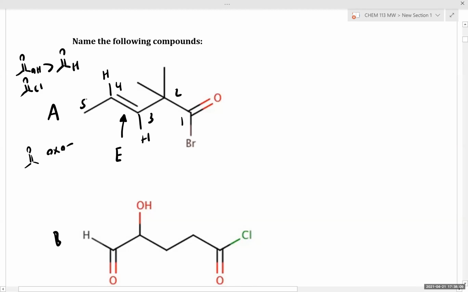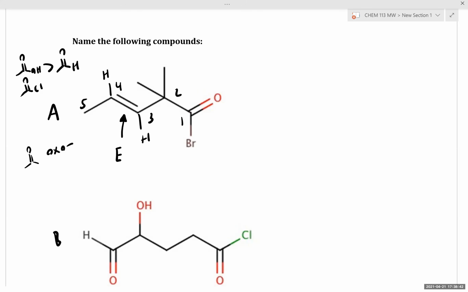So we have the following proposed locant numbers for the longest chain containing our acyl bromide. So would anyone like to try to propose a name for this?